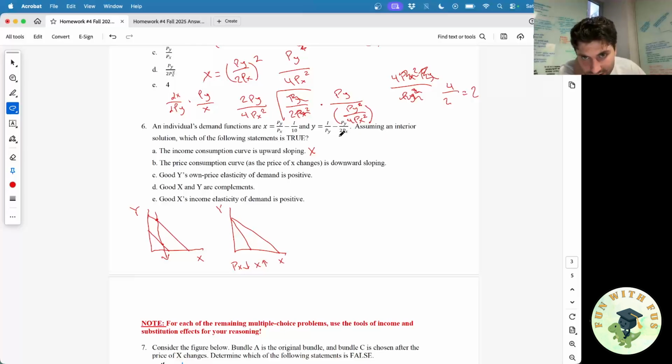And for this, if price of x went down, then I am decreasing the size of this denominator, which makes this term larger. But since I am subtracting by a larger amount, then y would go down. Oh, we are having a little bit of a traffic jam. Okay, traffic jam on 40. That y goes down here. So how do I draw that? My x increases and my y decreases. Something like that. We have a downward.